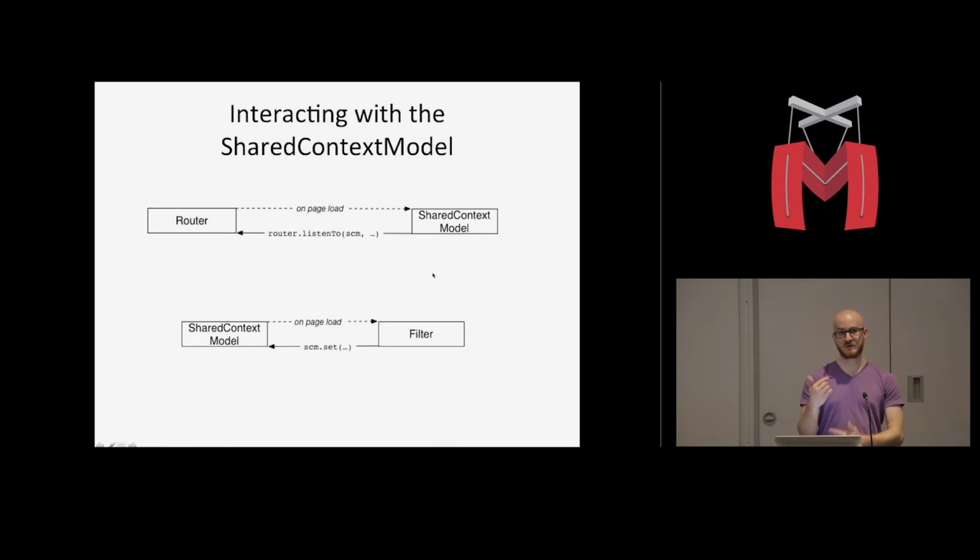So the filters update on the shared context model, and on page load, the shared context model will propagate information to the filters. So everything works both ways. There's what happens at load and then what happens after load. So they communicate back and forth, basically. And the router also is used to set some parameters on the shared context model in addition to the initial page load.